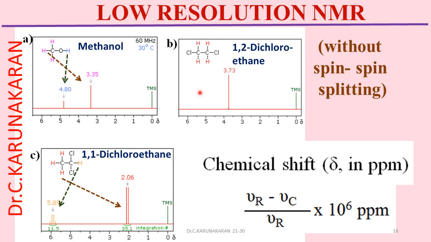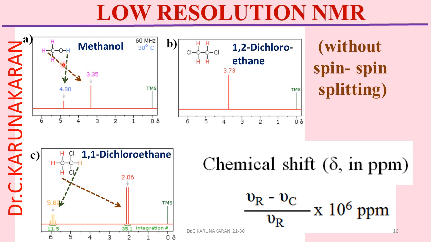Here we'll see what low resolution NMR is. In low resolution NMR, the spin-spin coupling constant is not resolved. There will be no spin-spin splitting. For example, methanol.